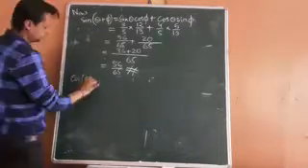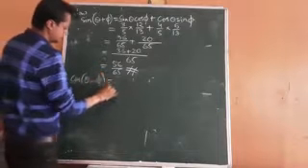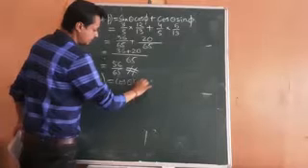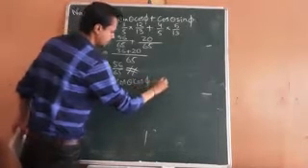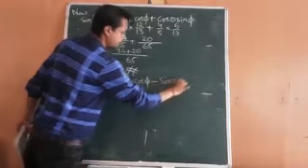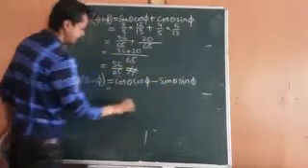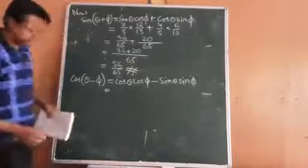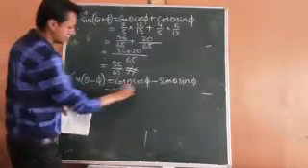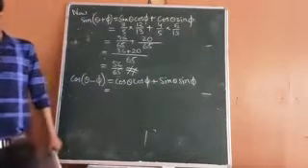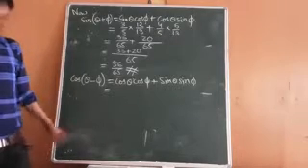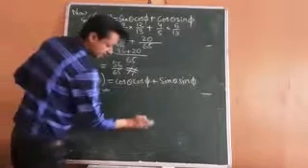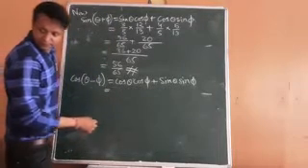Similarly, for cos of theta minus phi, A minus B, it is cos A cos B minus sin A sin B. So here it will be plus, so be very careful. What is the value of cos theta? 4 by 5.